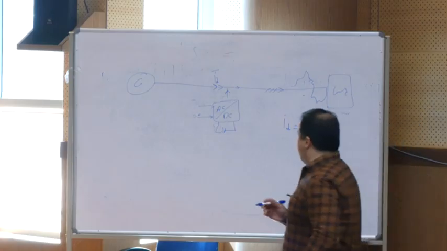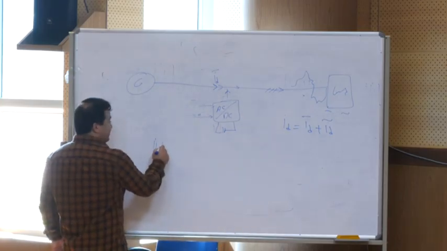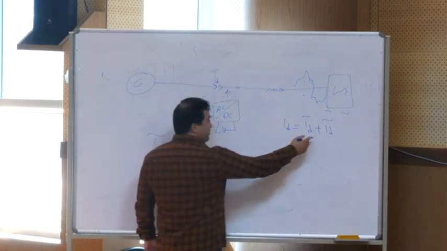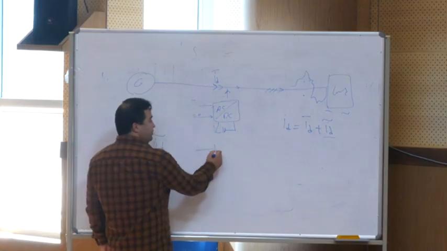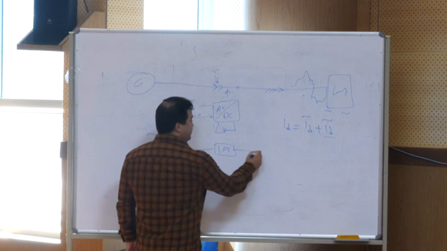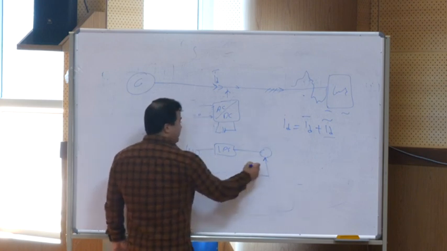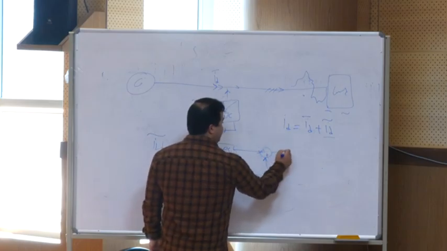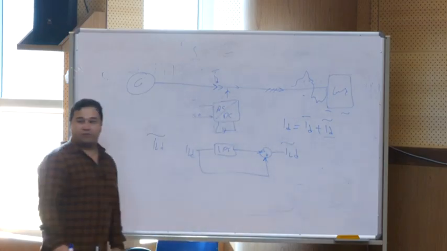Let's see. So we have ILD. We get the harmonic part by filtering, like this: ILD, low pass filter, fundamental frequency, and then this is plus minus ILD in harmonic.